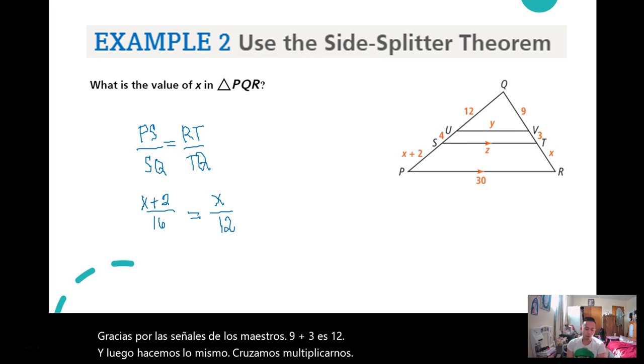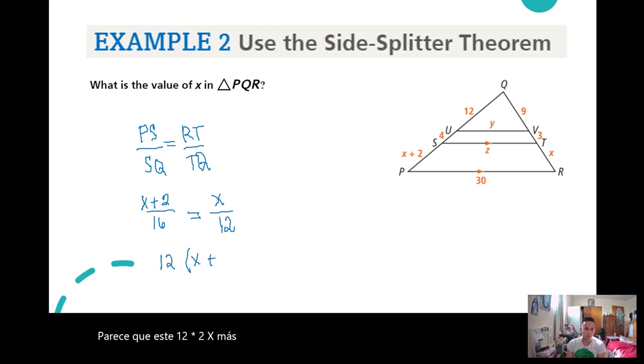So when we cross multiply this one, it looks like this: 12 times (x plus 2) is equal to 16x.